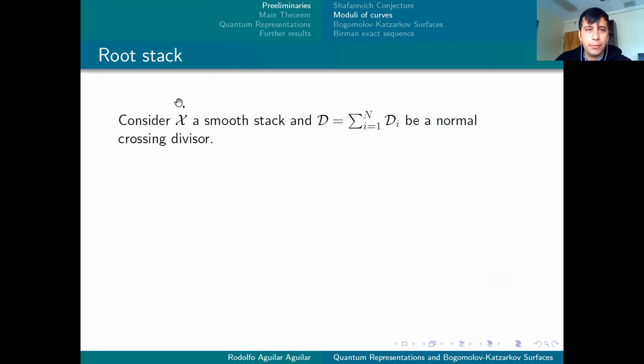Then we will need this construction. So we'll consider X a smooth stack. If you don't know what a smooth stack is, you can think of a smooth variety. And then we can consider D a normal crossing divisor in this stack with D_i its irreducible components.